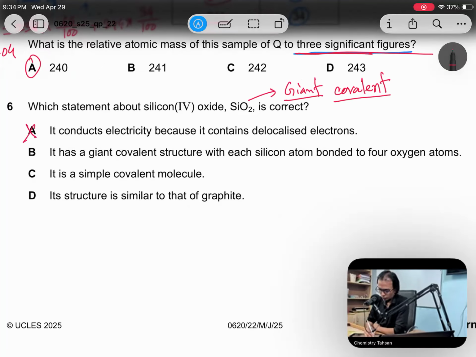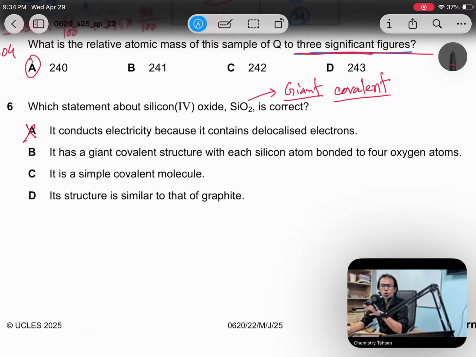No, because it is a giant covalent structure. We have in our syllabus 3 giant covalent structures, right? Like silicon dioxide, diamond, and graphite. So only these 3 in O-levels IGCSE syllabus. So only graphite conducts electricity from the giant covalents, and diamond and silicon dioxide do not.